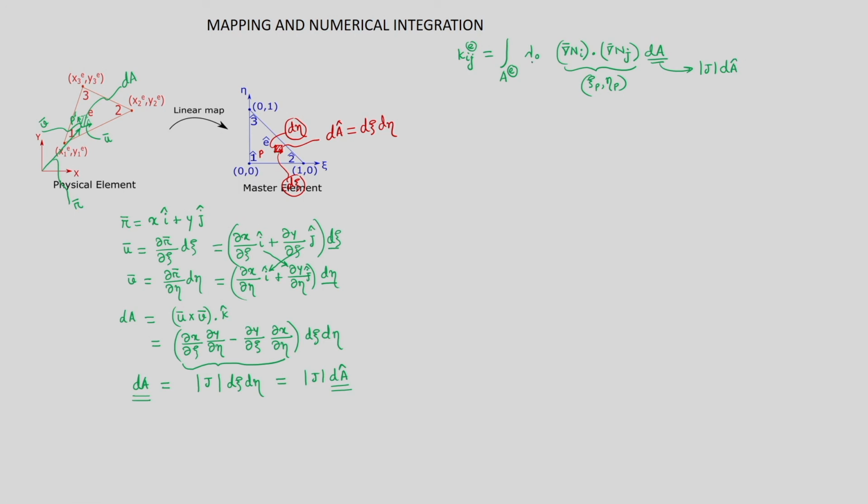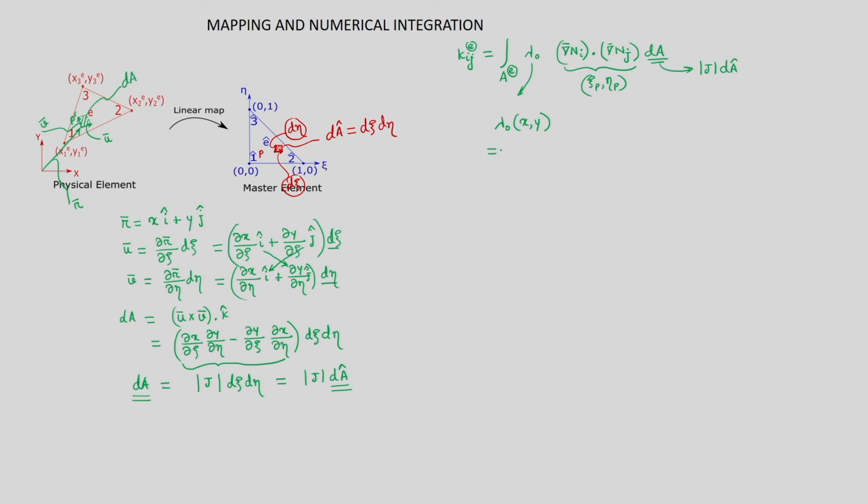Now what about lambda? Lambda may be constant, it may not be a constant, the conductivity may vary inside the domain. So in that case lambda 0 will be given in terms of the physical coordinates x and y. That we have to evaluate at a particular point in the master element.